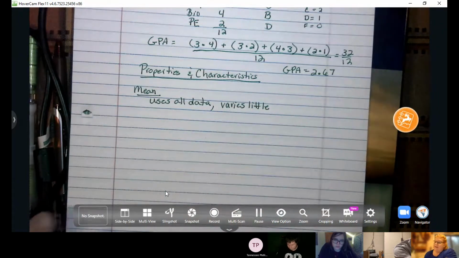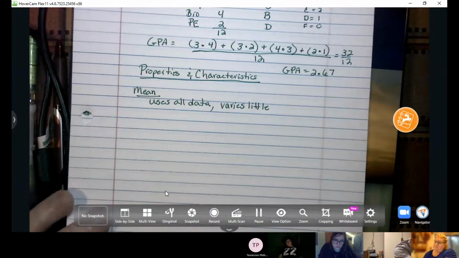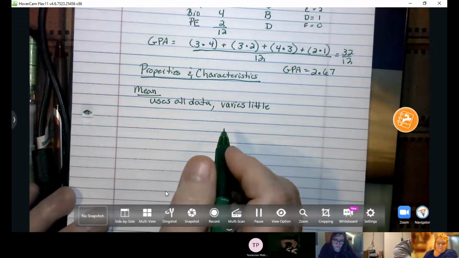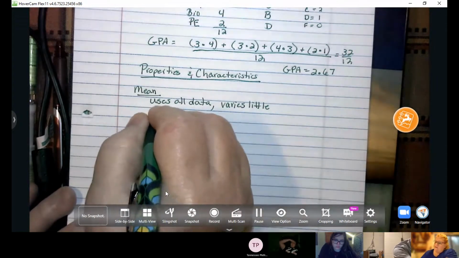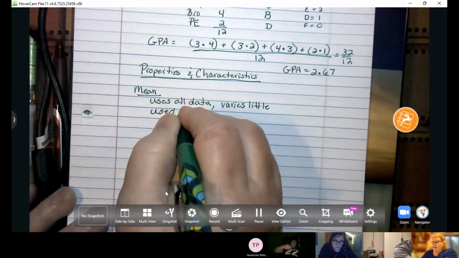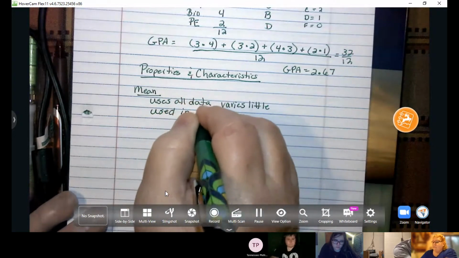When you add data points to it, there's not much change in how you calculate it. The thing about mean is it is used in many other computations.